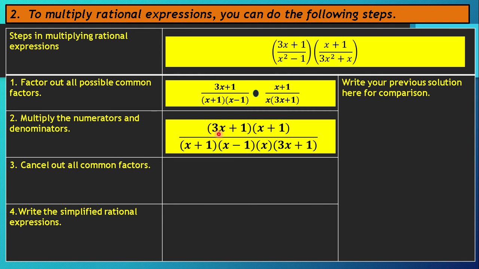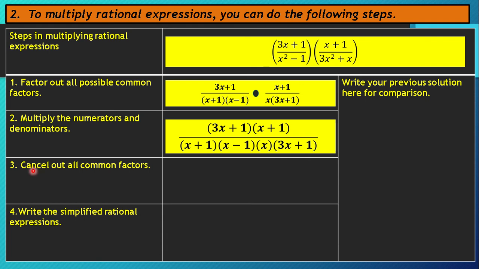Kaya meron tayong 3x plus 1, x plus 1. Next, dito naman sa denominator natin, quantity x plus 1 times quantity x minus 1 times x times 3x plus 1. So, pinagsasama lang natin, pinag-multiply natin yung mga denominators.